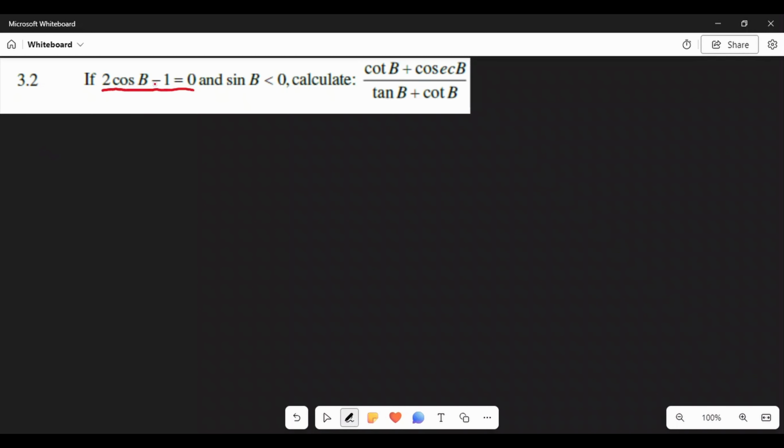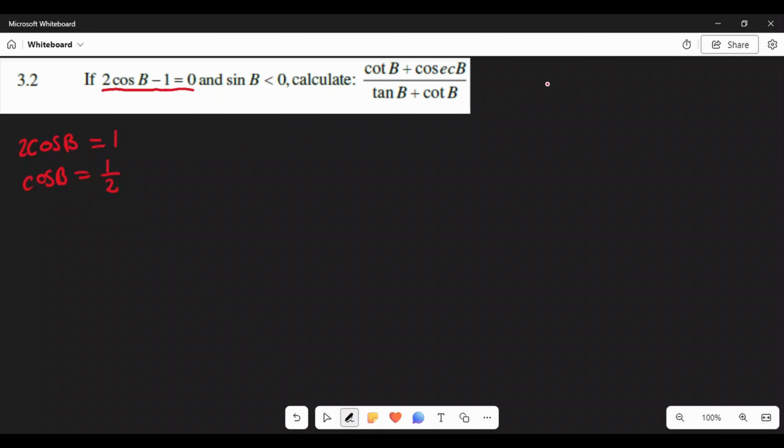So let's make cos the subject of the formula here. So we say cos b, or this is 2 cos by the way, and then we take 1 to the other side, it's going to be positive 1, right? And then we say cos b is equaling to, if we divide by 2, 1 over 2, so cos b is going to be positive.